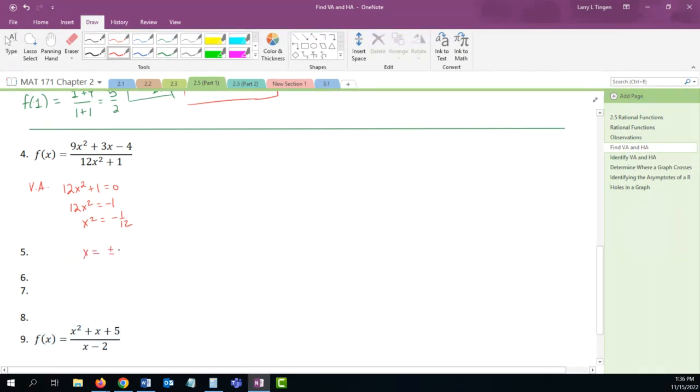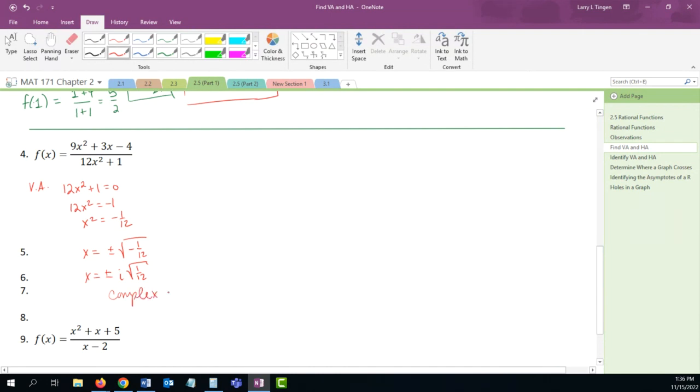X is equal to plus or minus the square root of negative 1/12, which is i over square root 12. I'm not going to make you go any farther than that because it's not necessary. These are complex roots.